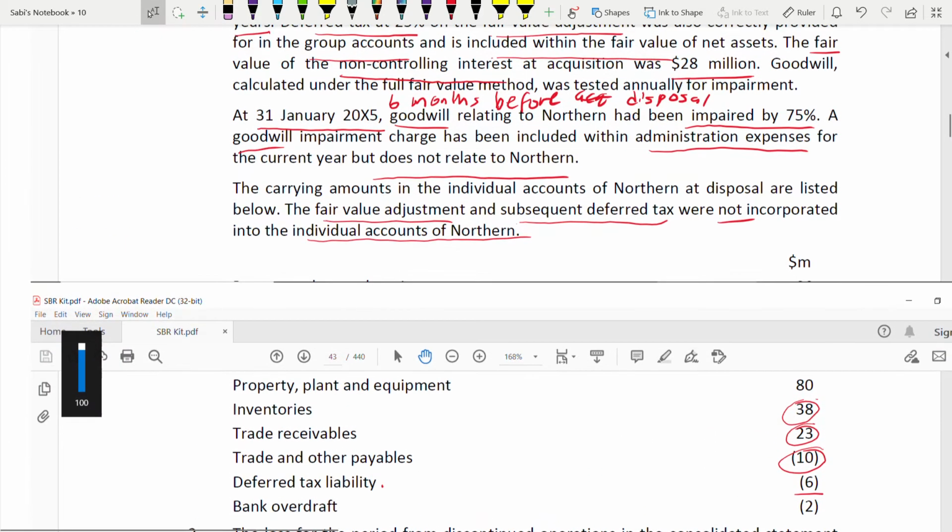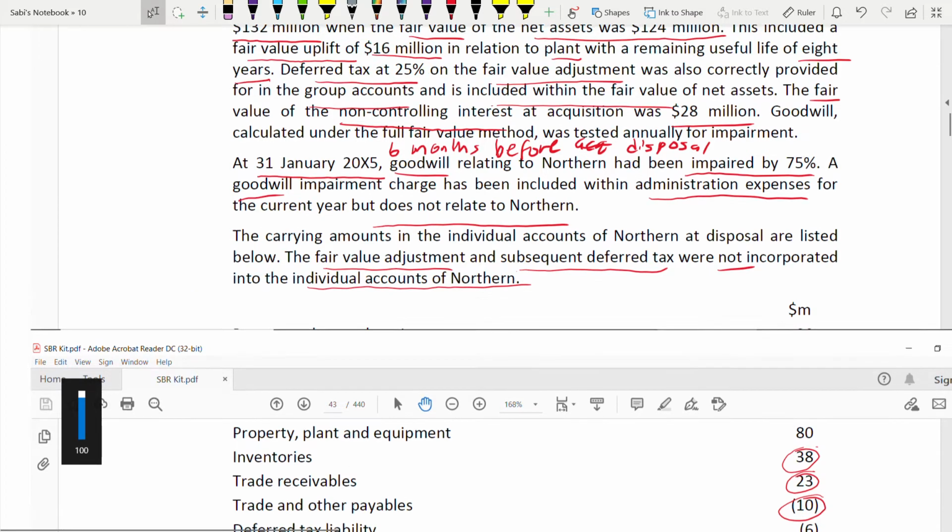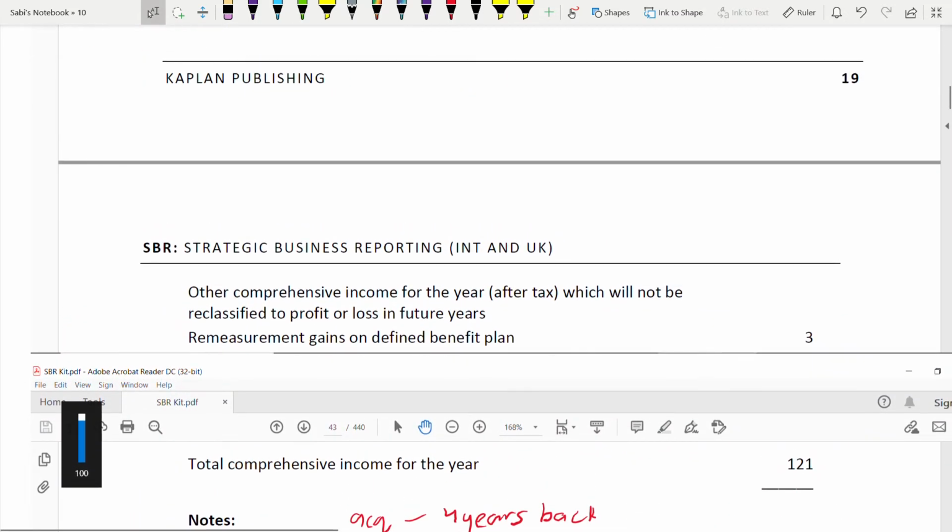When you go to the remeasurement gain, remeasurement comes here.